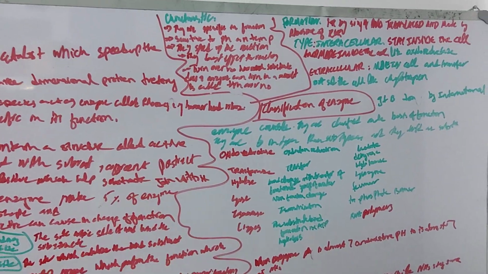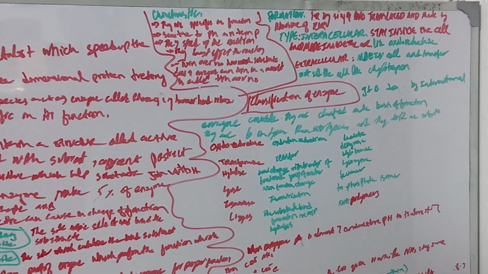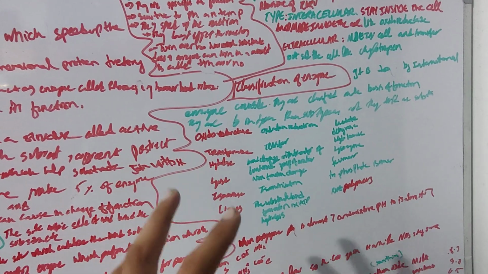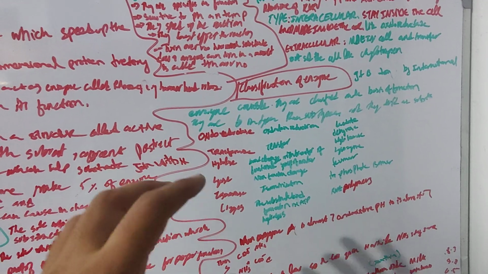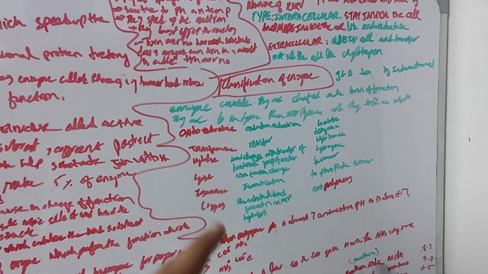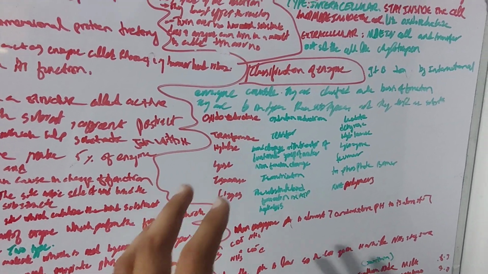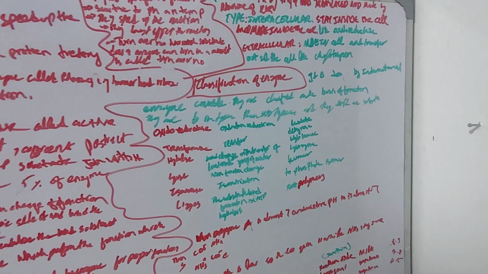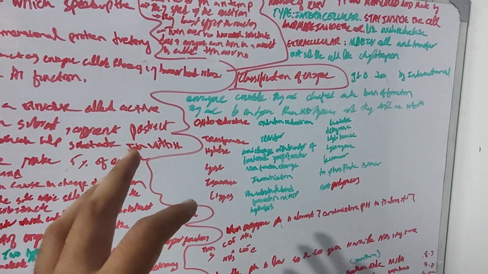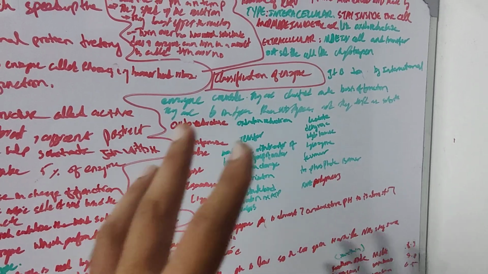Then we have hydrolase enzymes, which cause bond cleavage with the transfer of a functional group to water. We have it in the lysosome. Then lyase, which removes a group without water.